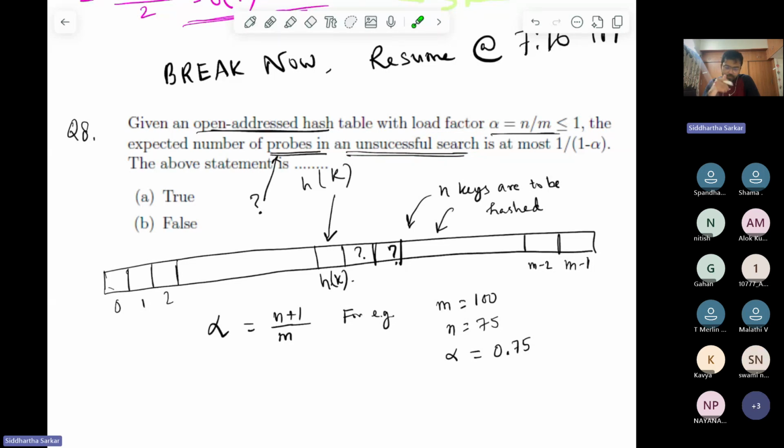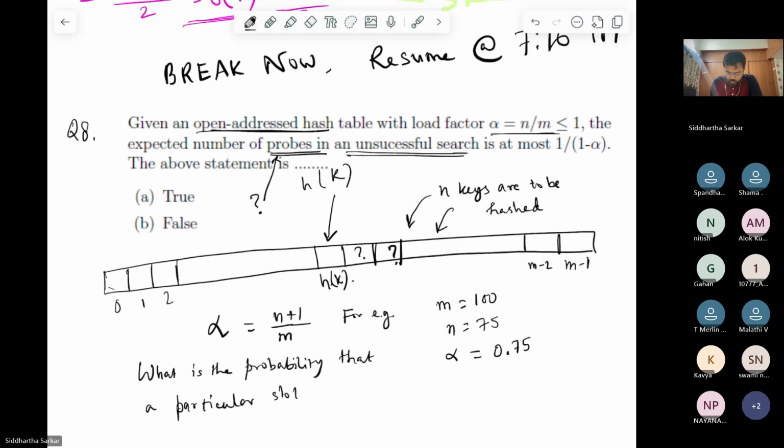Okay. Then what is the probability that a randomly selected slot is empty?